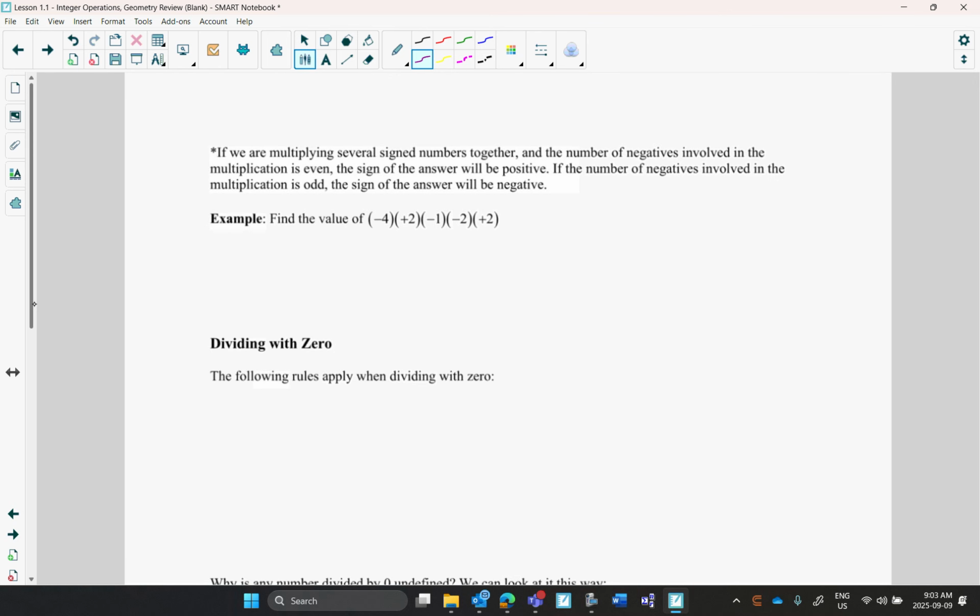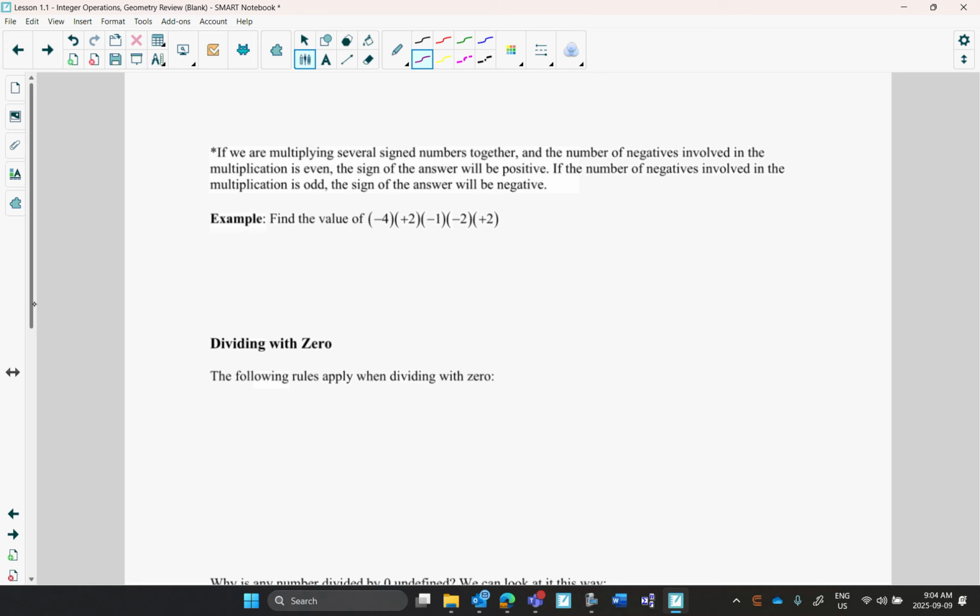What would you do if you had a string that you're multiplying together? Right, because if you think about it, when you're multiplying a whole bunch of numbers together, if there's an odd number of negatives, like 1 negative, 3 negatives, 5 negatives, 7 negatives, and so on, the answer has to be negative.